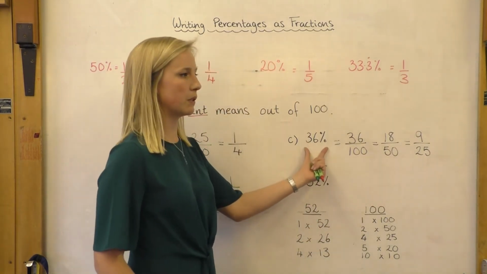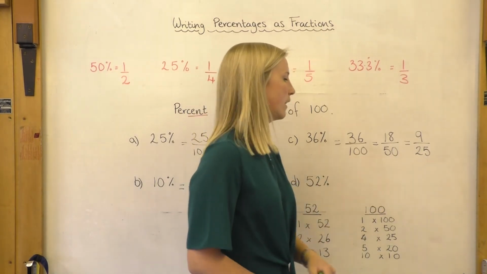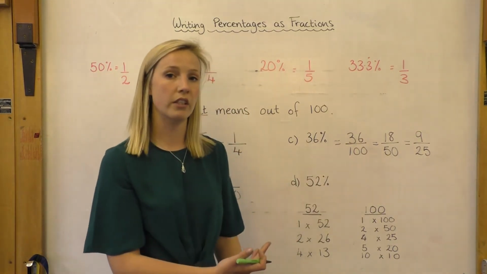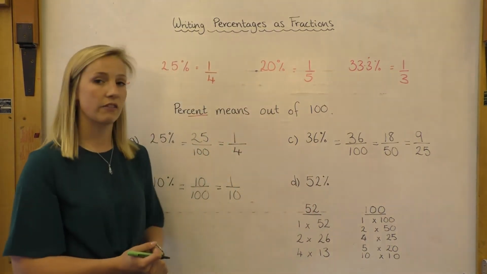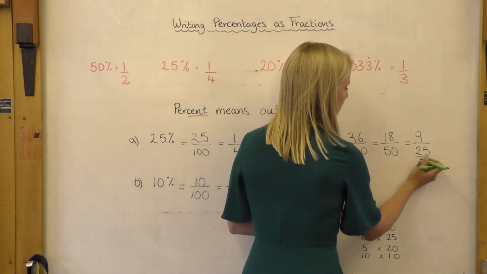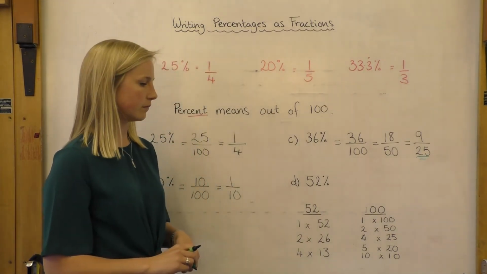So 36% is equal to 36 out of 100, or 9 out of 25, or 18 out of 50. They're all equivalent. However, if you were asked to write 36% as a fraction, it would probably want it in its lowest form, or its simplest form, which is our 9 out of our 25.